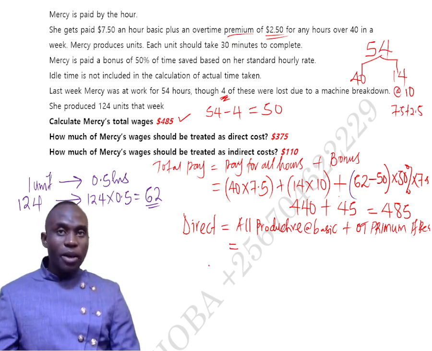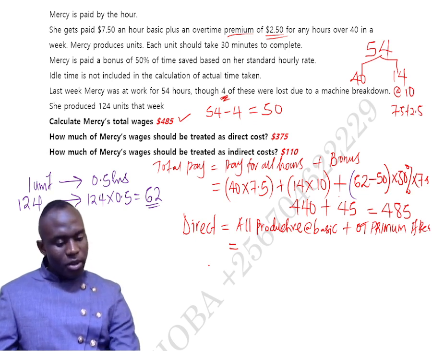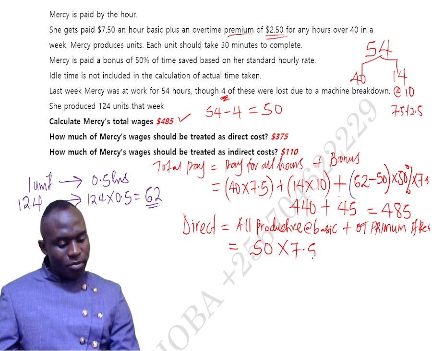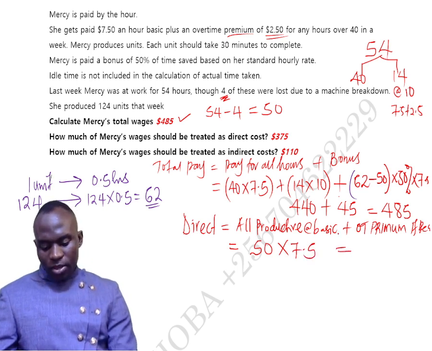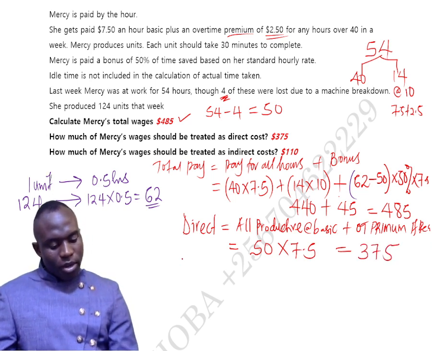So how many hours were actually productive? Active hours were only 50 hours. So 50 times the basic rate, which is 7.5. If we work out, we get 375.